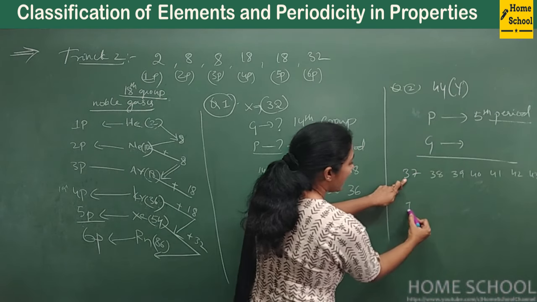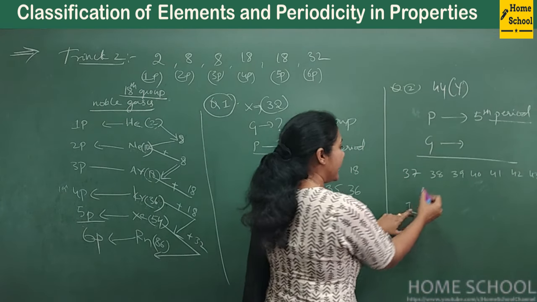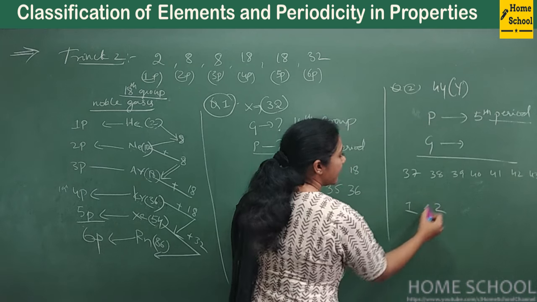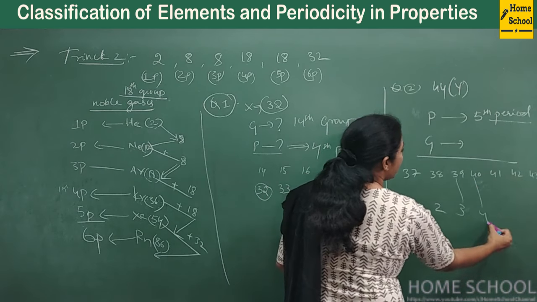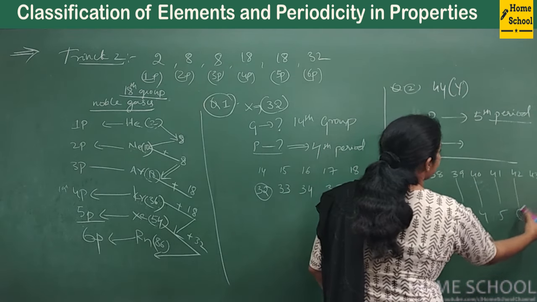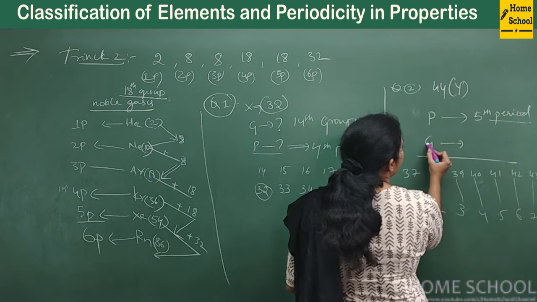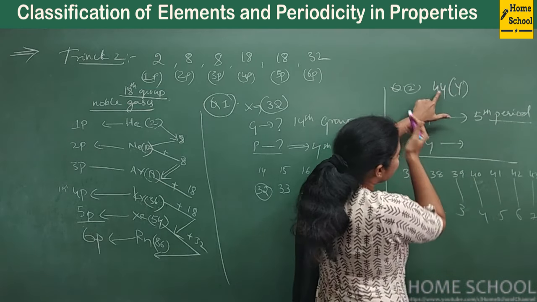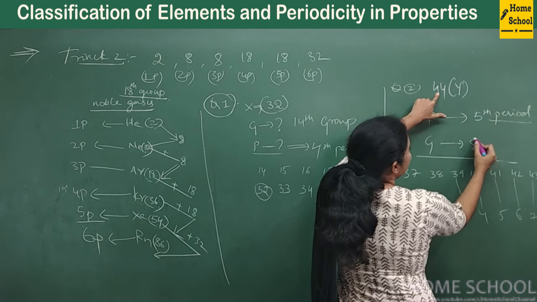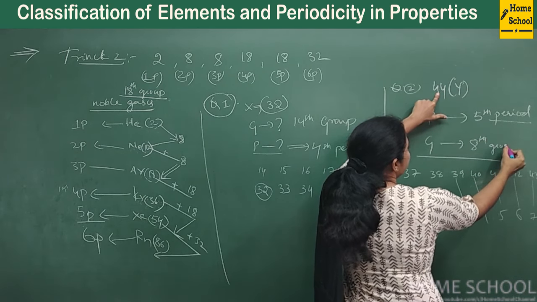So 37 comes in the first group, 38 comes in the second group, and this is third, this is fourth, this is fifth, this is sixth, this is seventh, and this is eighth. So your group number for this element is the 8th group.